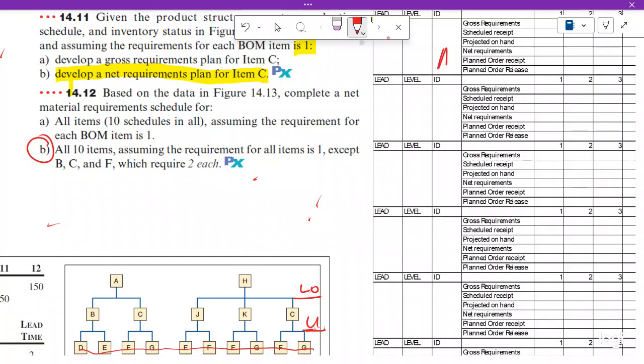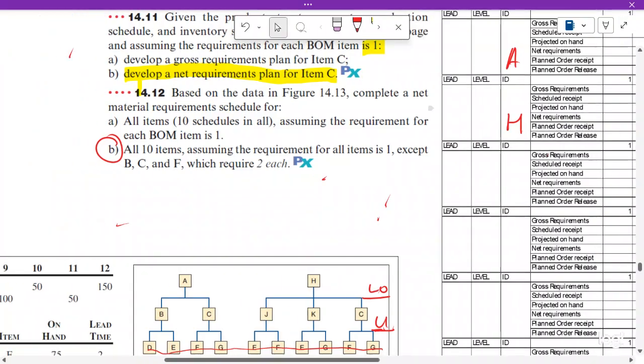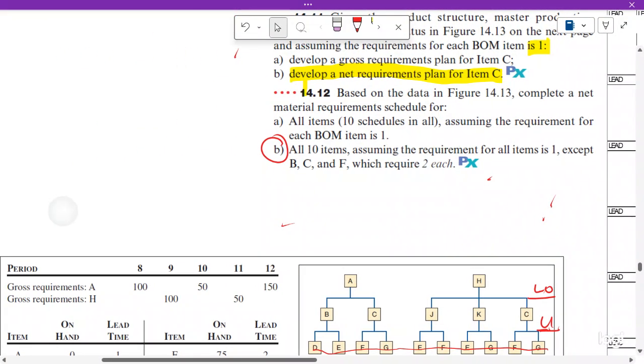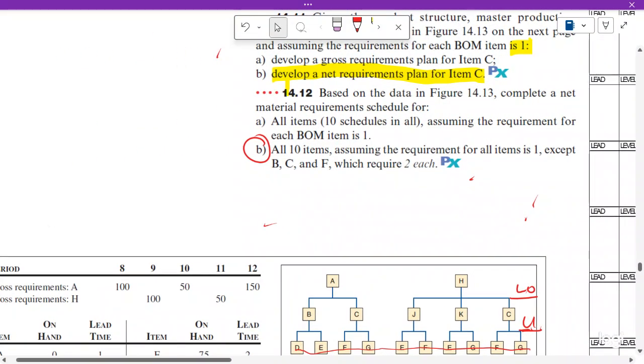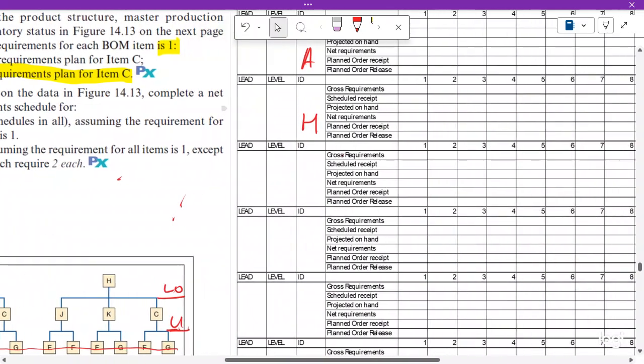So your A and your H. Now, look at A. It is for 800, 50, and 150.